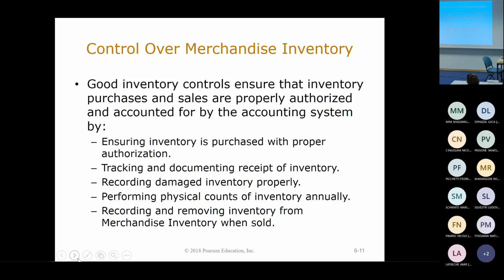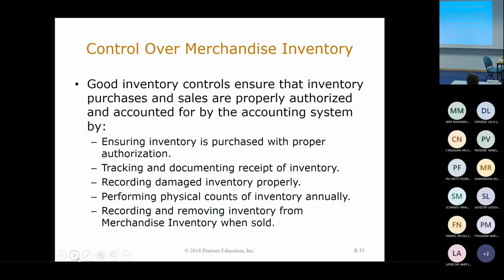The physical count should be performed at least once a year, even if you use the perpetual system. You should also make sure that the balances you see in your accounts are consistent with the physical count of the inventory, and of course updating the inventory when it is sold.